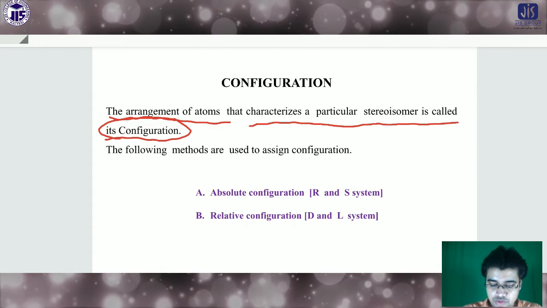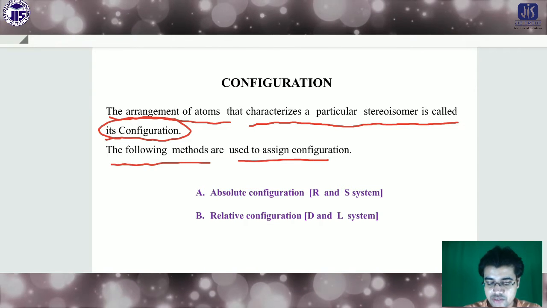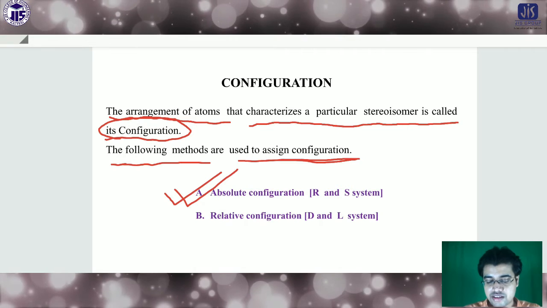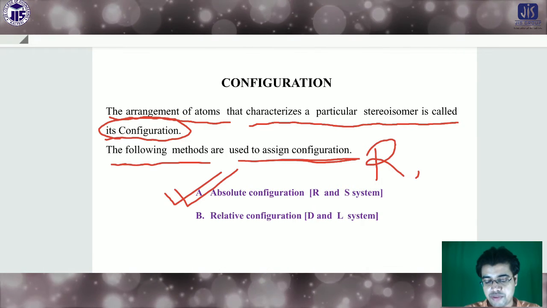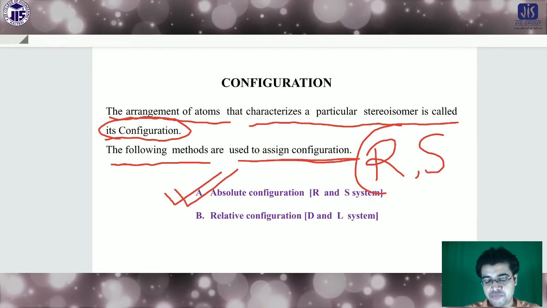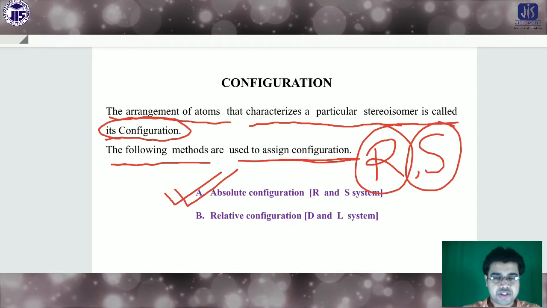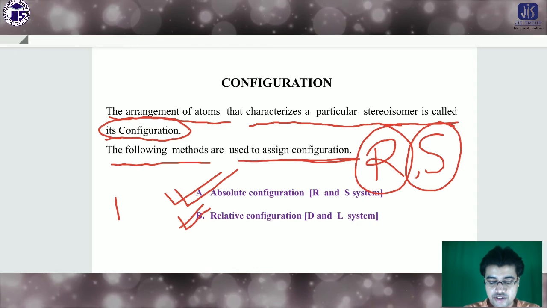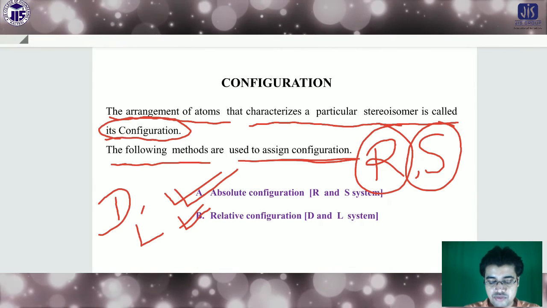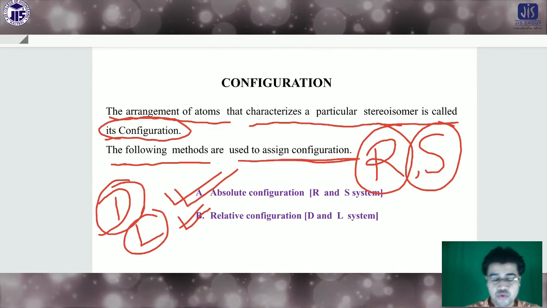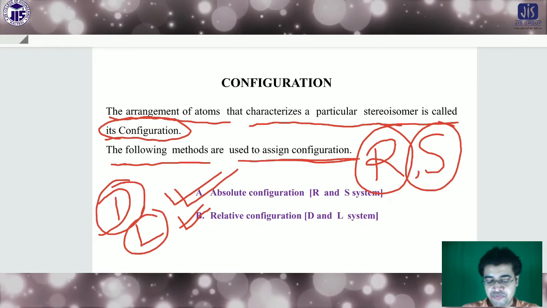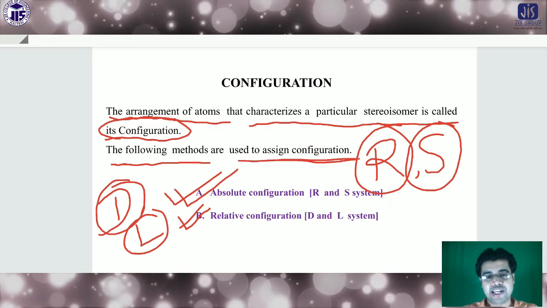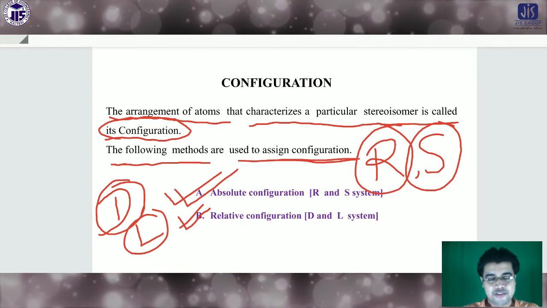Now the following methods are used to assign the configuration. Absolute configuration: one type is RS, called RS nomenclature. This is very important; you have to understand it properly. The second is relative configuration, called D and L. Capital D and capital L indicate something different from the rotation, which is indicated by small d and small l, dextro and levo.